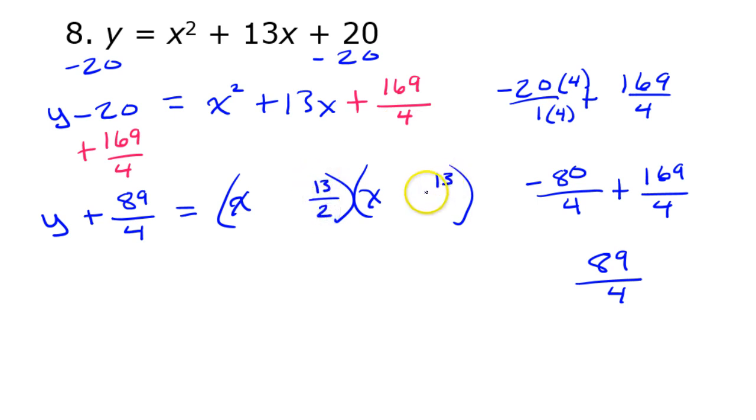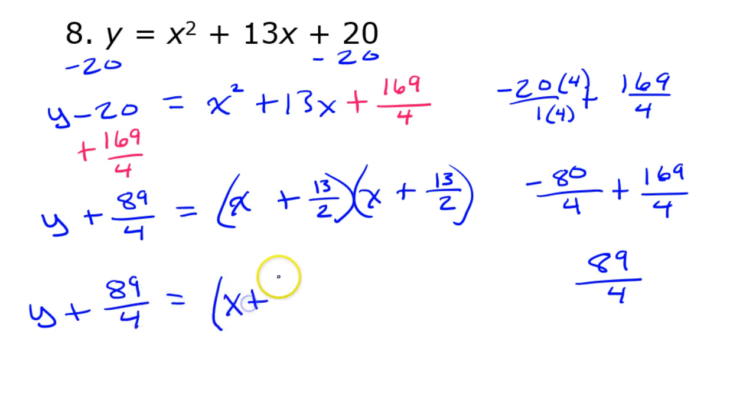So we'll just go back to 13 over 2 again. Because this is positive in the middle, we know that both of these will be positive. So we could write this as y plus 89 over 4 is equal to x plus 13 over 2 squared.